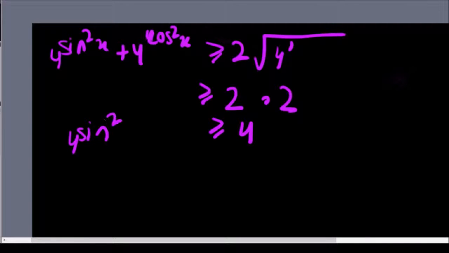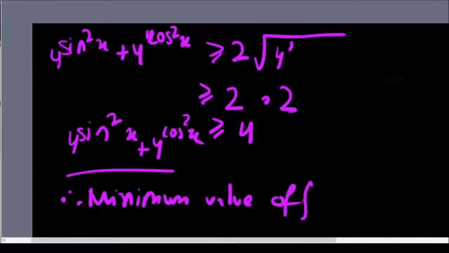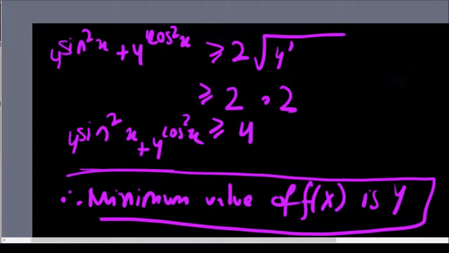So 4 to the power sine square x plus 4 to the power cos square x is at least equal to 4. Therefore, the minimum value of f of x is 4. And there you have the answer.